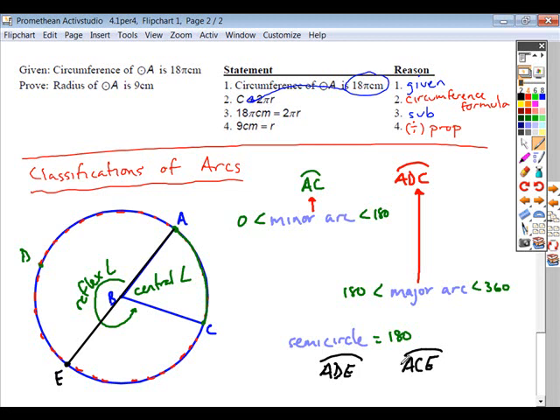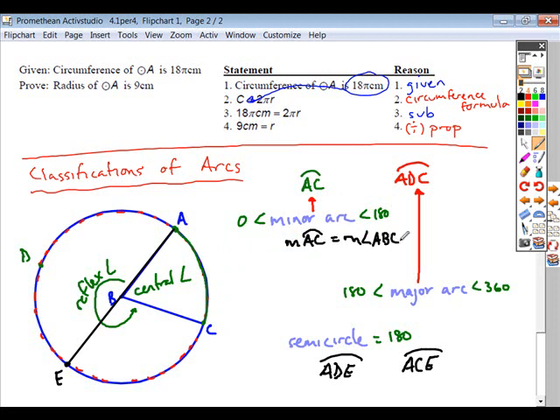The last thing I want to introduce here is the measures of arcs. The measure of an arc uses a lowercase m for the measure of, and then the symbol for the arc AC. The measure of an arc is identical to the measure of its central or reflex angle. So for the minor arc, the measure of arc AC is equivalent to the measure of angle ABC.